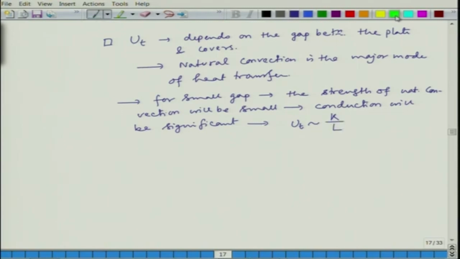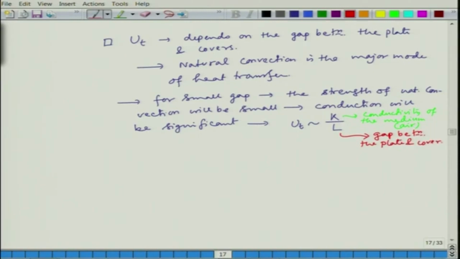So, this K is your thermal conductivity of the medium, here it is air, okay, and this L is the gap between the plate and cover.